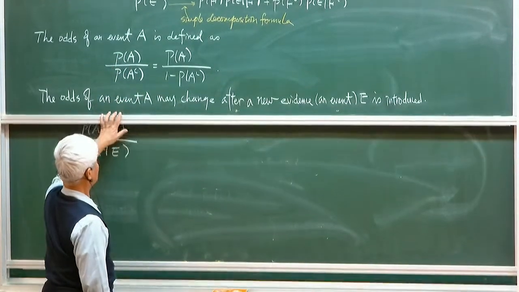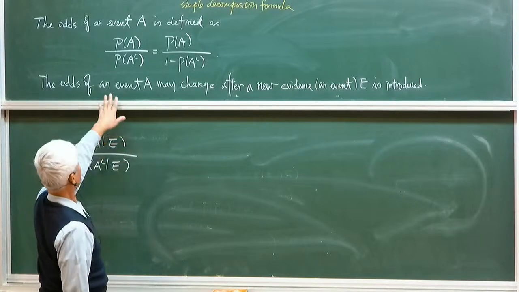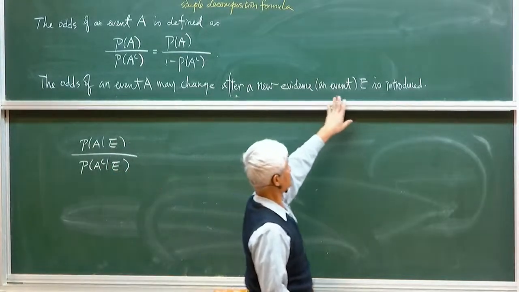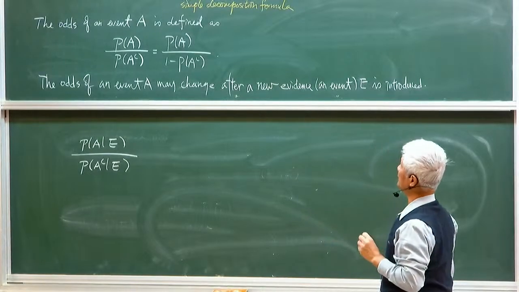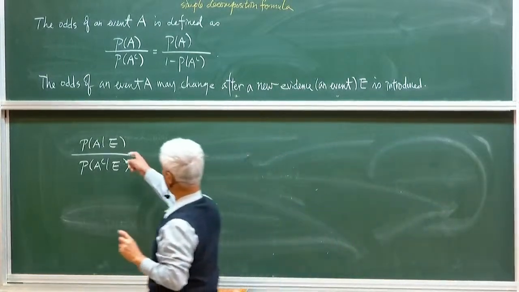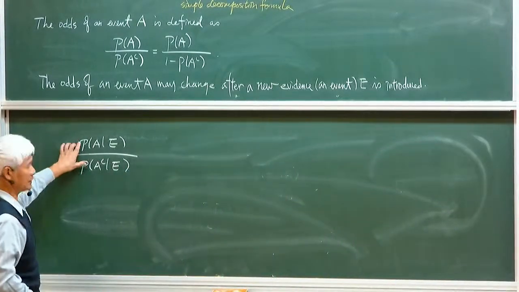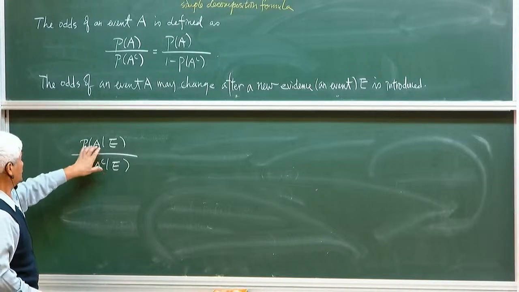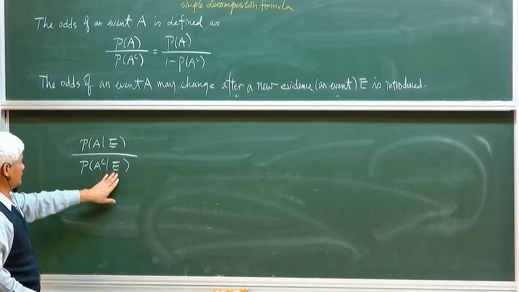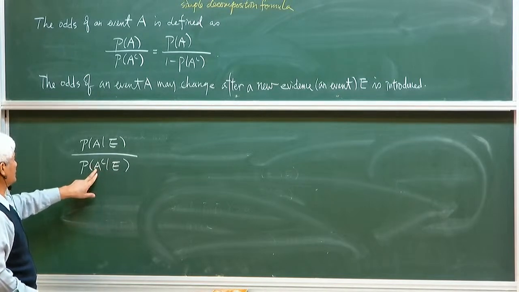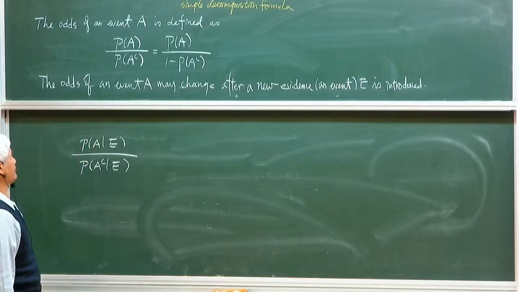But once new evidence is introduced, we know the event E has occurred. So now we have the conditional probability of A given that the event E has occurred, and the conditional probability of A complement.